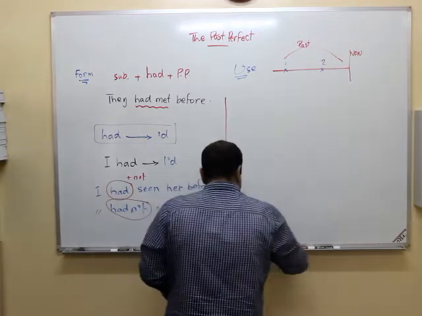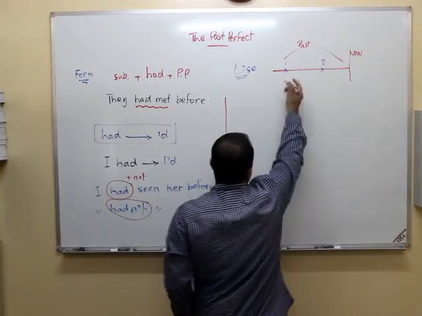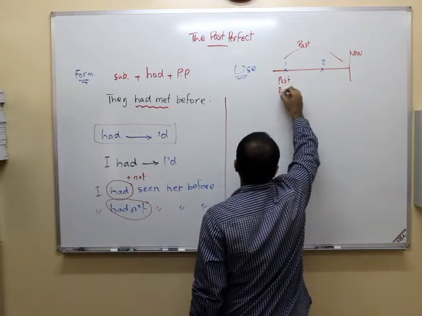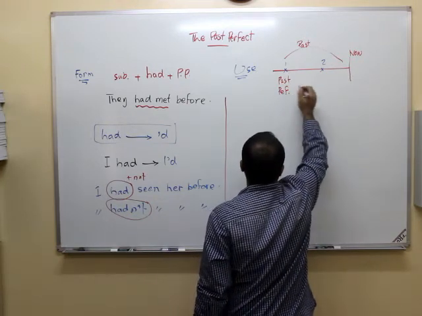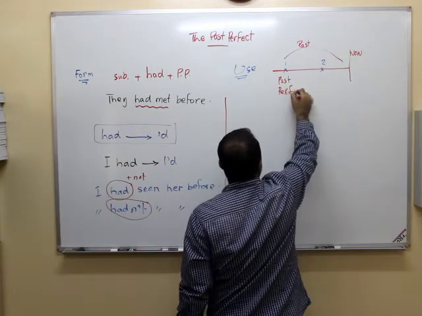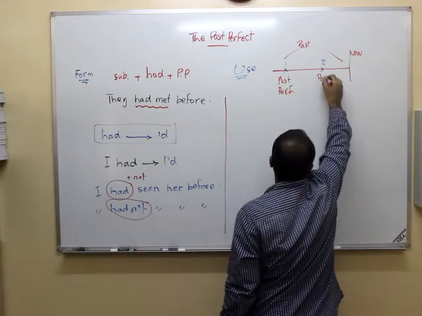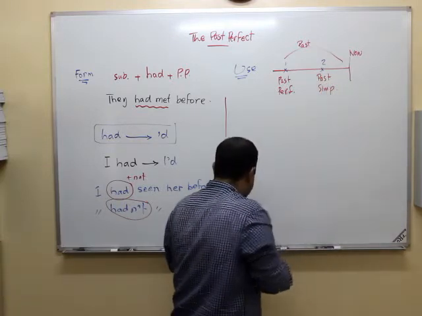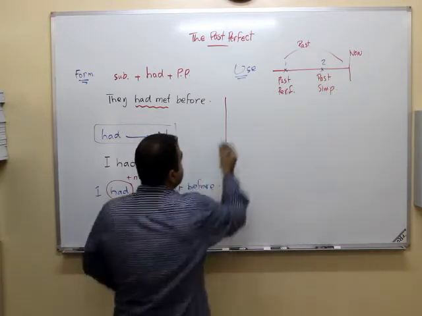The rule says the first action should be in the past perfect, and the second action should be in the past simple. Let's have an example.